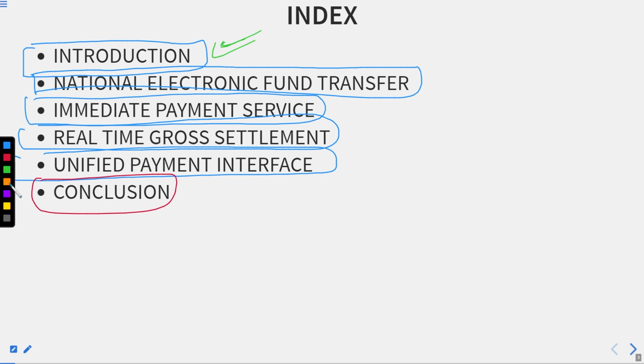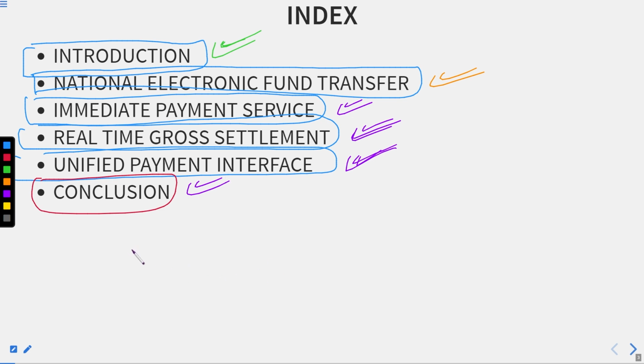Then we were discussing the national electronic fund transfer, and the topics we are left with are the immediate payment system or service, real-time gross settlement, unified payment interface, and the conclusion. So this is what we have created so far together.